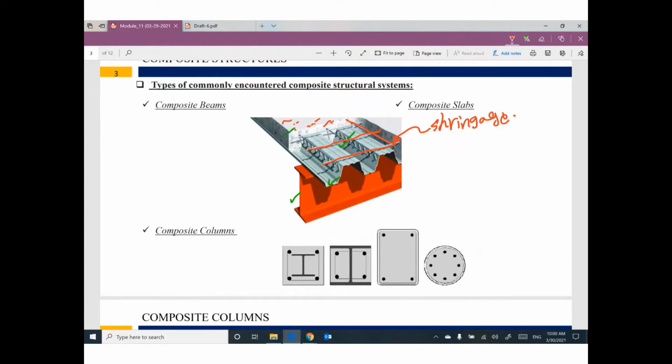For composite column, we have different shapes. The first one, we have a steel tube filled with concrete, and probably we are adding additional reinforcement.